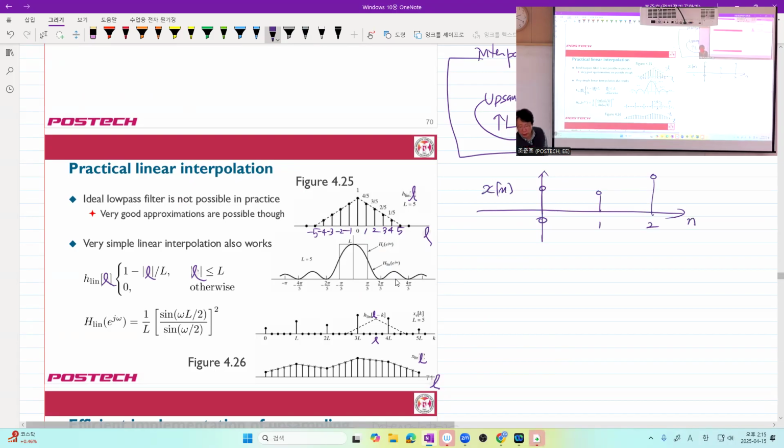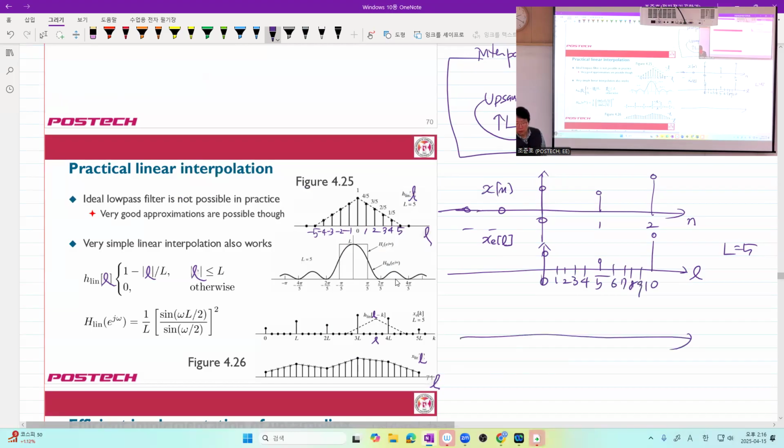Suppose your signal is causal and have these samples. And now, the expanded version of it by 5 would be what? This is 0, and this is now 5, that is 10, and you have 1, 2, 3, 4, 6, 7, 8, 9.